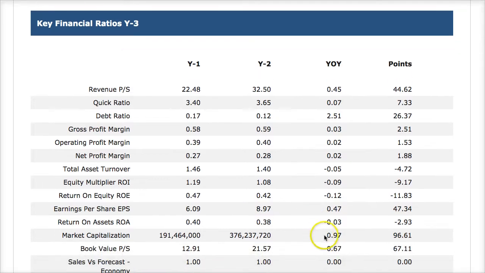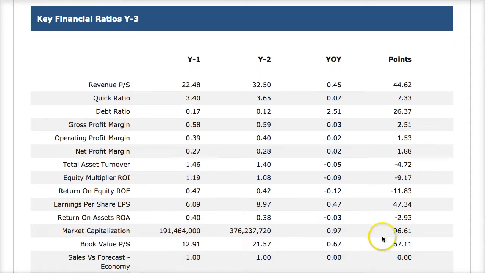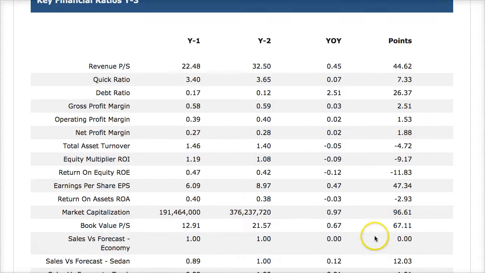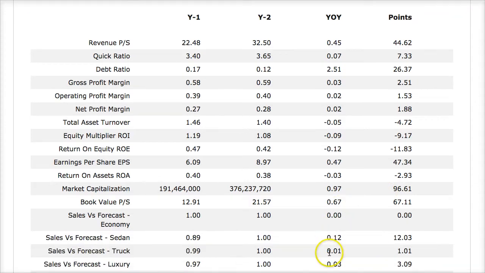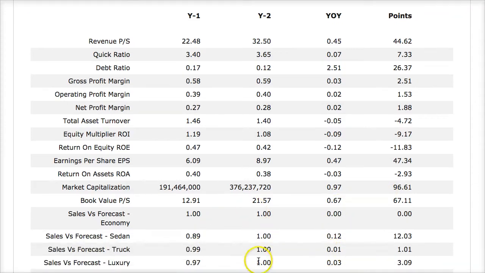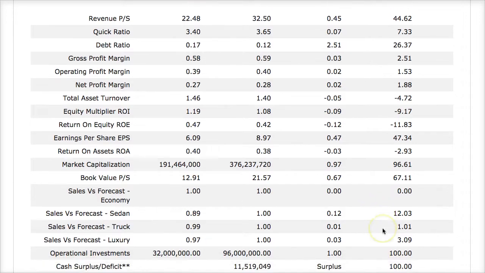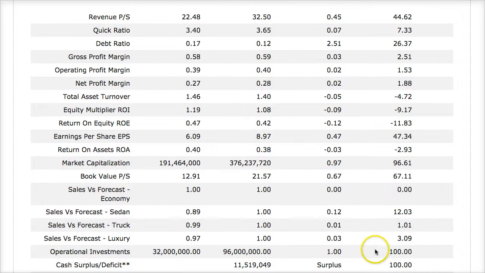My market cap went up by 97%. My book value went up by 67%. And my forecasts were improved at 100%. So my forecasts weren't so great in year 1. They were better in year 2. So I got some points from that. And I had my operational investments, which gave me 100 points. Now I increased it.